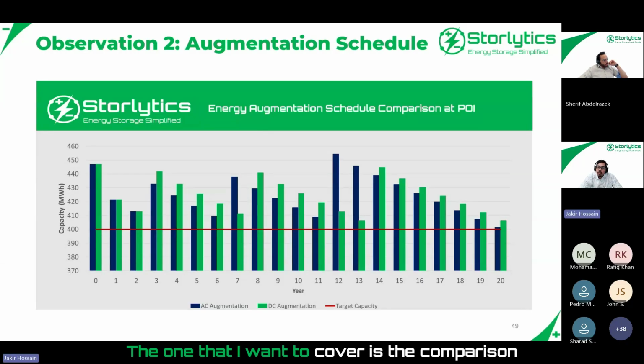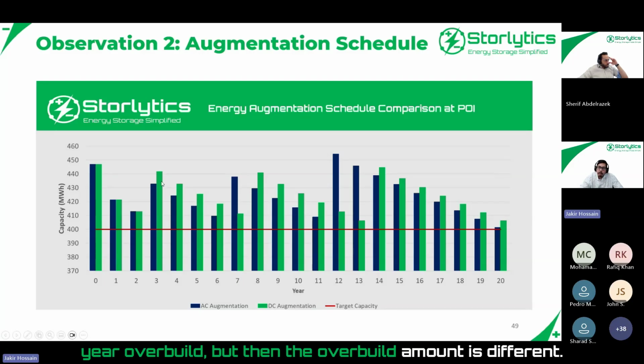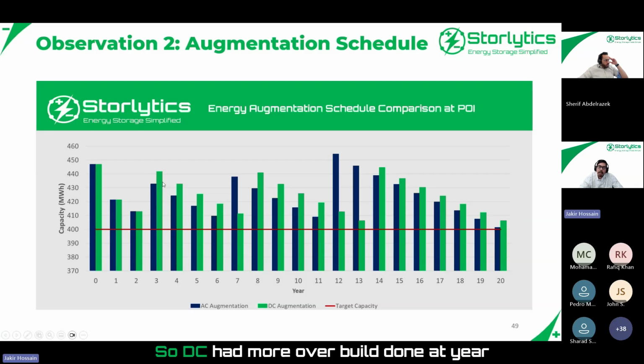The one that I want to cover is the comparison of the augmentation schedule, AC versus DC. In this case, both have a first 3-year overbuild, but then the overbuild amount is different. DC had more overbuild, more augmentation done at year 3 than the AC.